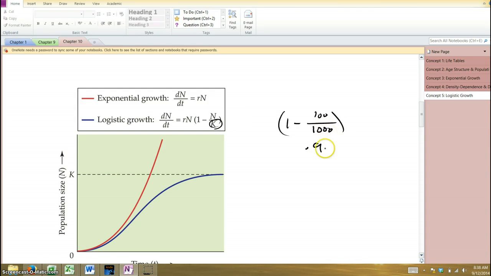But what happens as that population gets closer and closer to 1,000, and eventually it reaches 1,000? Well, then of course this side of the equation becomes 0, so all of this side becomes 0, so essentially the population is not growing at that point. So as you get closer and closer to the carrying capacity, this side of the equation gets closer and closer to 0, and the population is no longer growing.